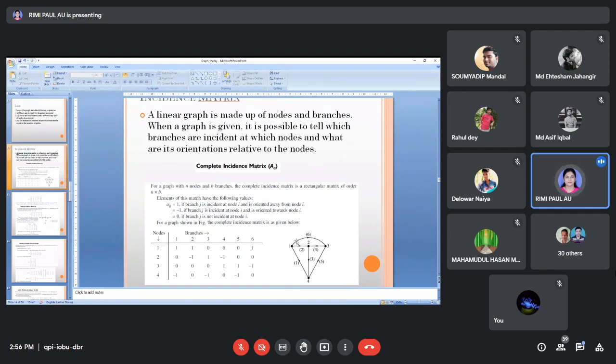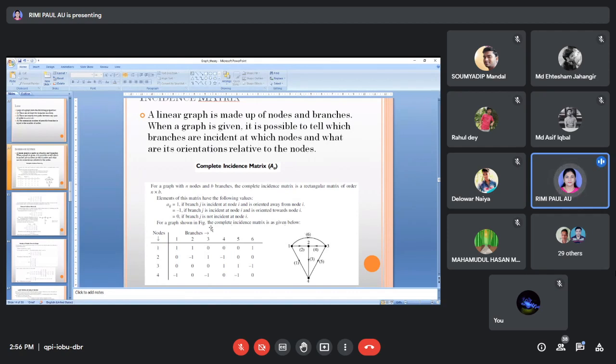So first we'll see nodes 1, 2, 3, 4. The direction of the current is from 1 to 4, the direction of this branch is 1 to 2, and the direction of this one is 1 to 3. So if I take node 1, this is connected to branch 2, branch 1, and branch 6.